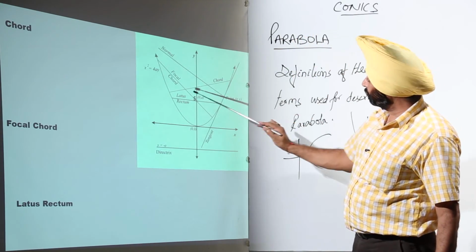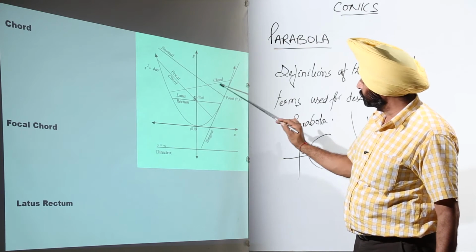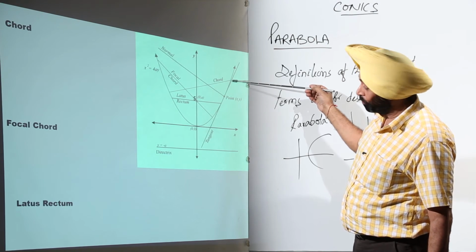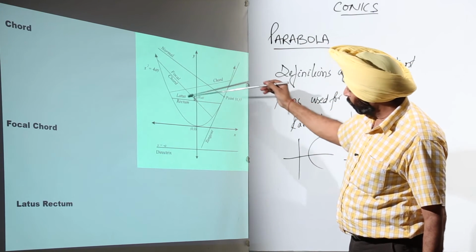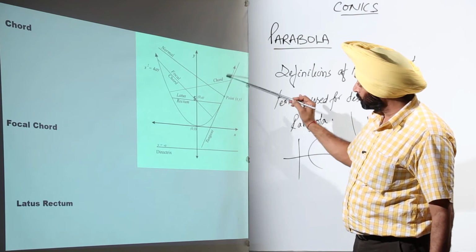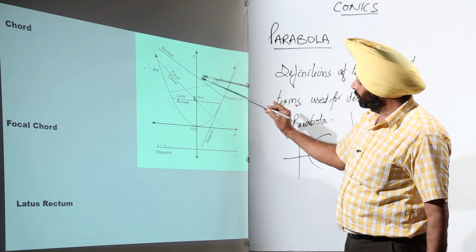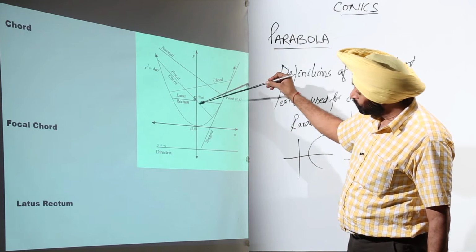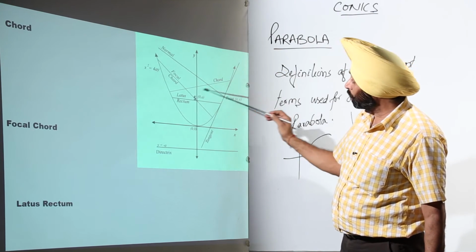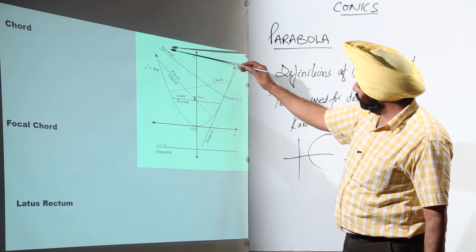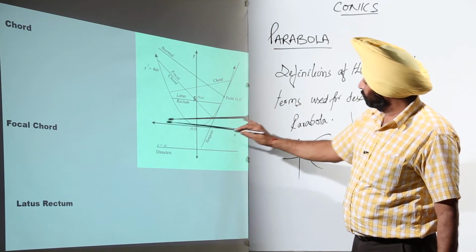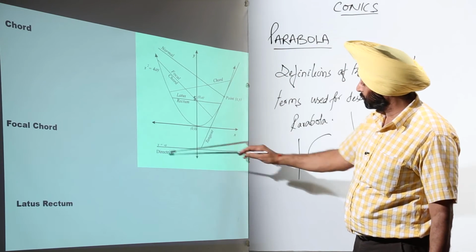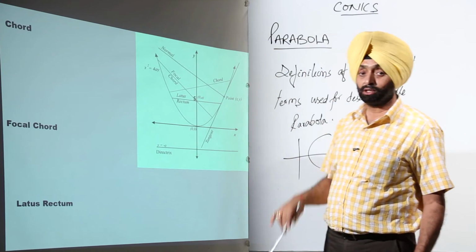Just look here, I have mentioned one chord written here. It means this is a chord, and it is going from this point of the parabola to this point. This is also a chord. Now what is the difference between this chord and this chord? Here it is written focal chord, not chord, and it is passing through the focus. This is a chord not passing through the focus. This is normal, tangent, this we know, vertex, okay. Now this will be the x-axis, this is the y-axis, this is the directrix. So what is the chord now?